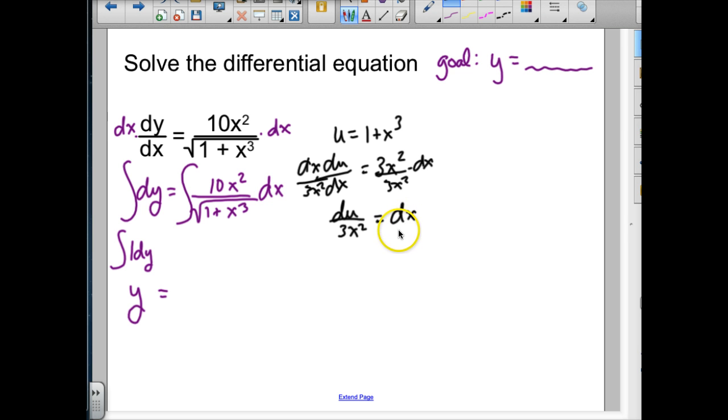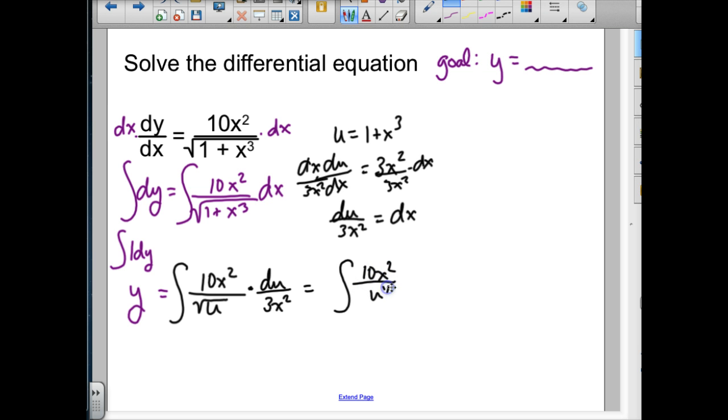Then substitute. So we still have the integral sign. We still have the 10x squared. In the denominator, we have u inside of a square root, but I'm going to change that to u to the 1/2. And then we have dx, which is du over 3x squared. So rewriting that, I have the integral of 10x squared over u to the 1/2 times du over 3x squared.